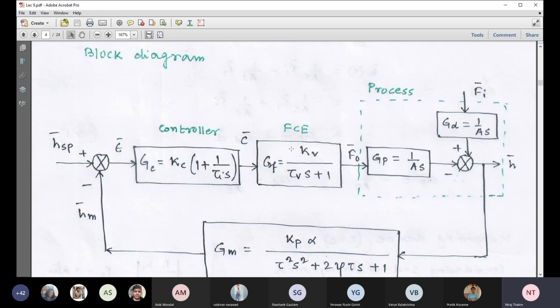Roll number 3PE01 Padmasri. 10074 Gaurav Jha. Are you there, Gaurav? 10074.